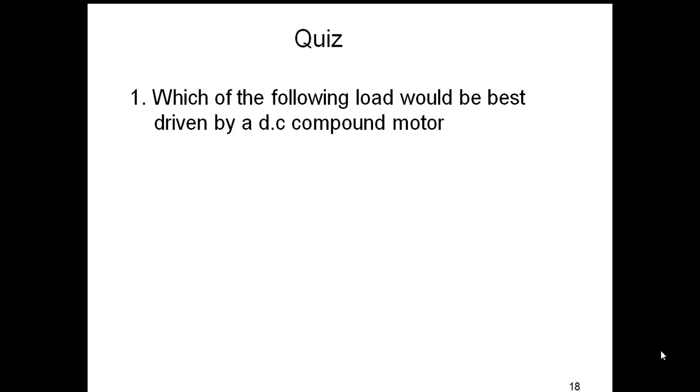In that, the first question is, which of the following load will be best driven by a DC compound motor? Option A, reciprocating pumps.